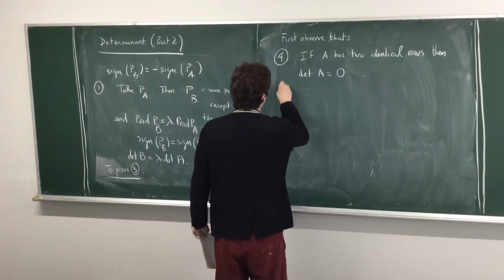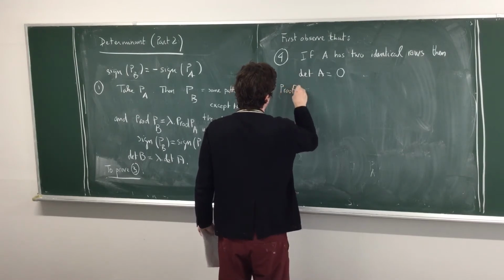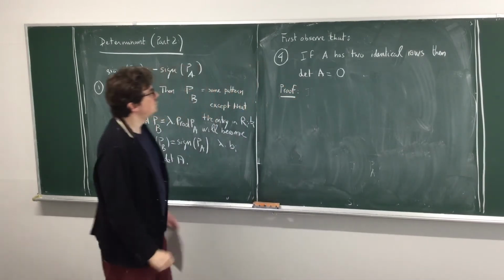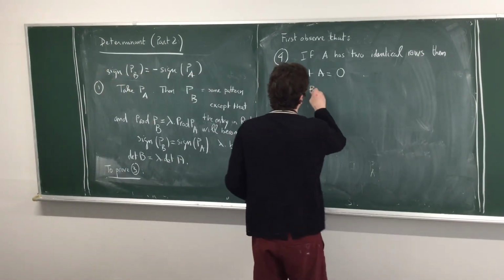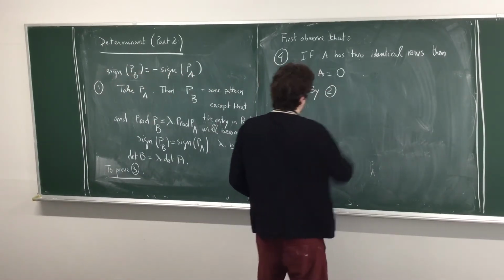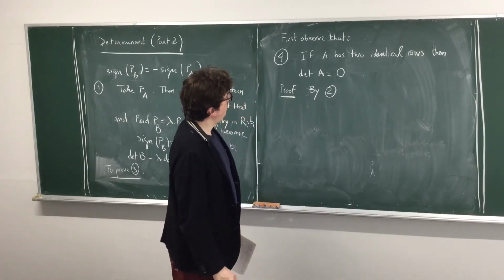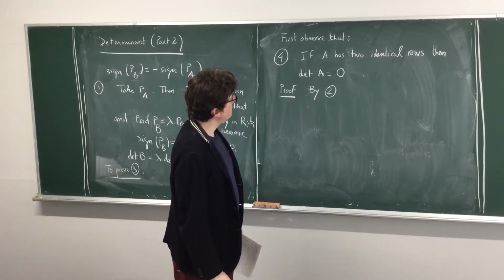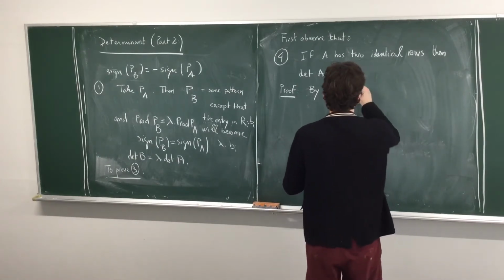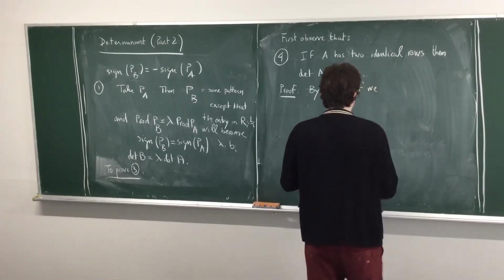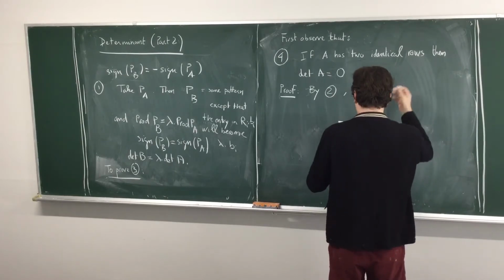Okay, so let's prove this proposition 4. By property 2, you remember that if you swap two rows, then we will get a minus times the determinant of the other.